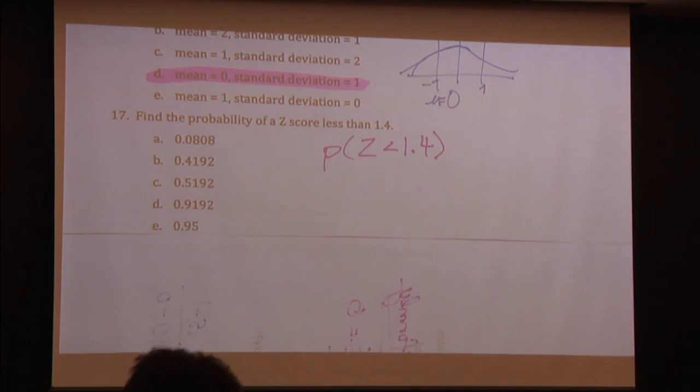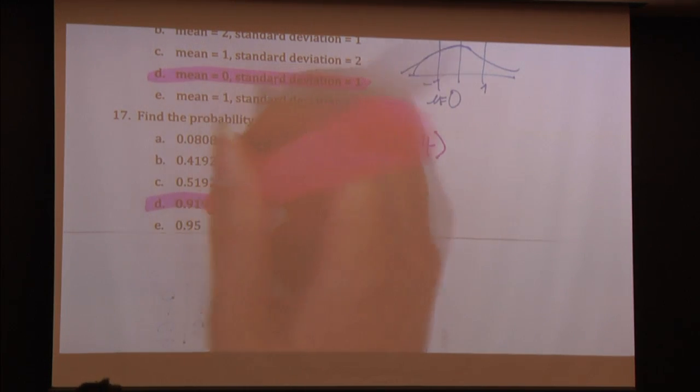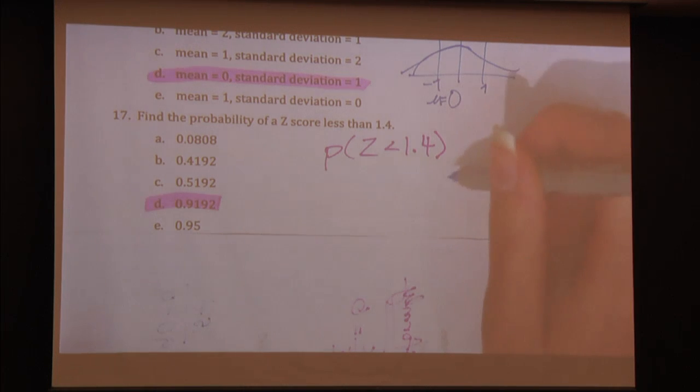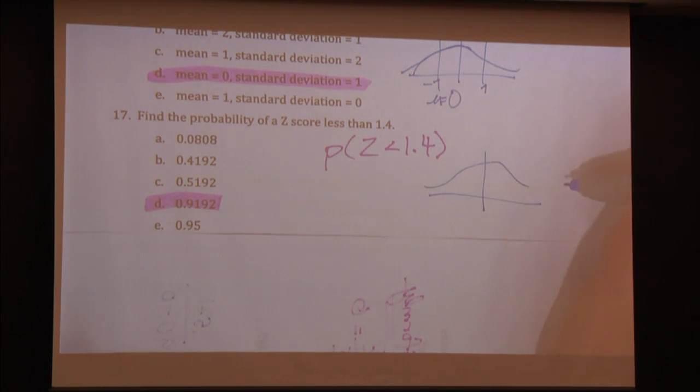So I heard D. So we can graph it. So what is our mean going to be for a curve like this? What's our center? So we just talked about 0.